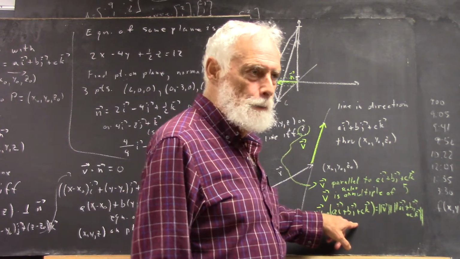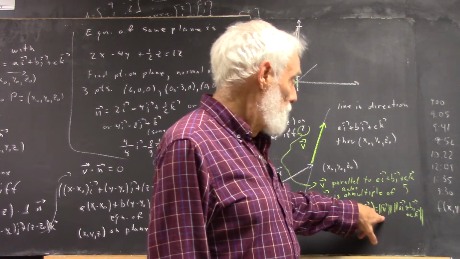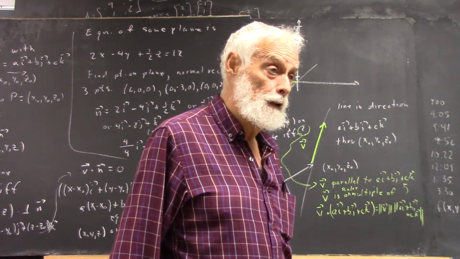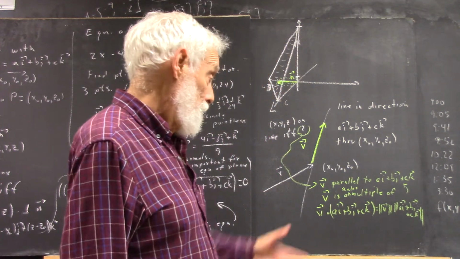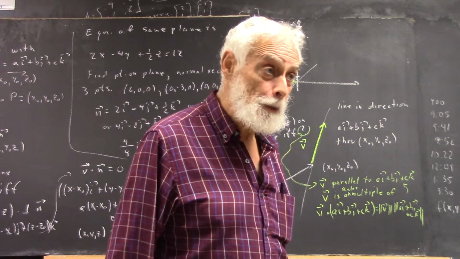V dot AI plus BJ plus CK is the magnitude of V times the magnitude of AI plus BJ plus CK. Because the dot product is the product of the magnitudes times the cosine of the angle, right?